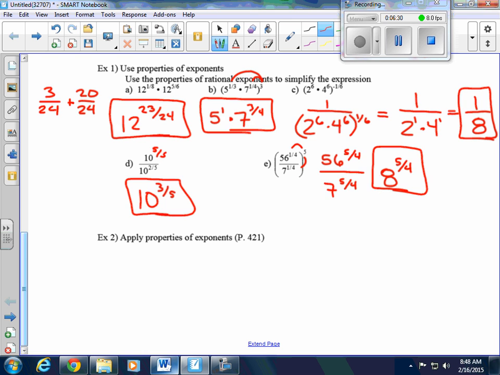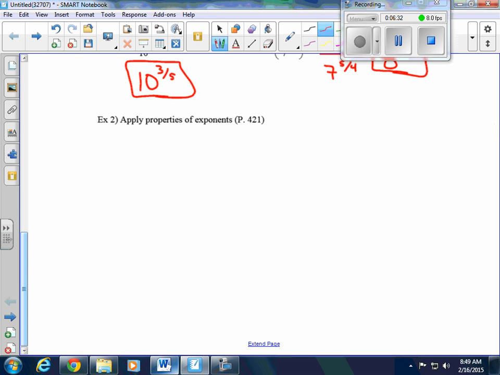So what we're going to do now is look at the example on page 421 in your book. And what they do is they give us a table, and they say that a mammal's surface area S in square centimeters can be approximated by the model S equals K M to the 2/3.